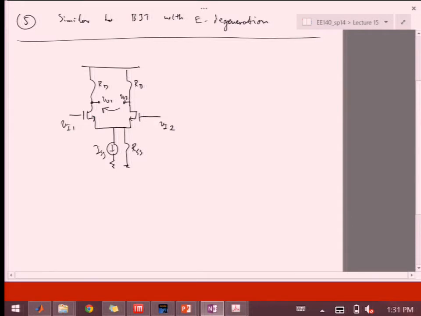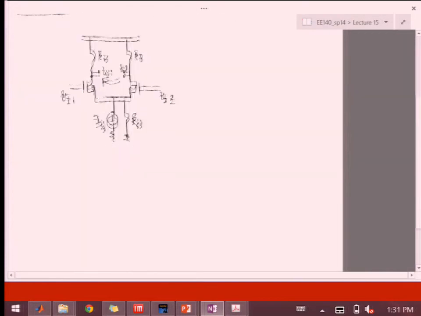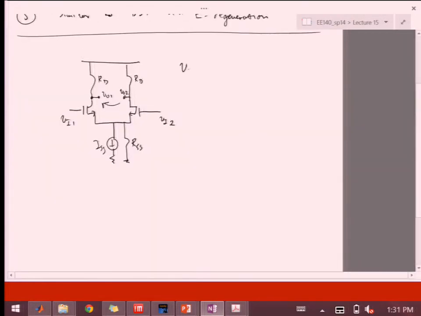So for this type of circuit, notice that we have now 2 inputs and 2 outputs. So both VO1 and VO2. So we're going to, in the most general sense, say that VO1 is A11 times VI1 plus A12 times VI2. VO2 is A21 times VI1 plus A22 times VI2.